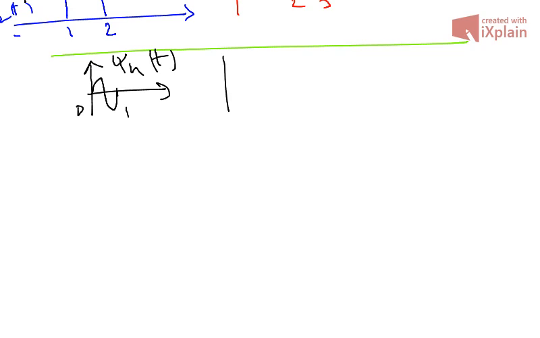Similarly, I can have another signal from 2 to 3, and this can be considered psi 5 of t.